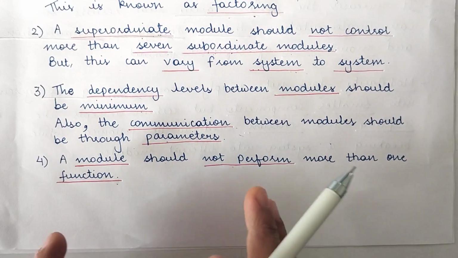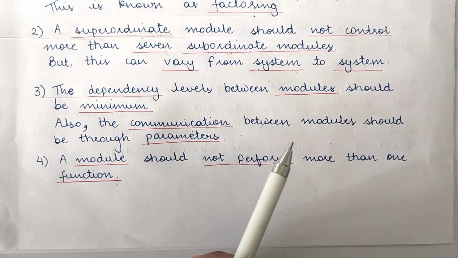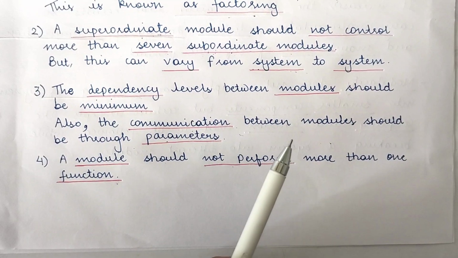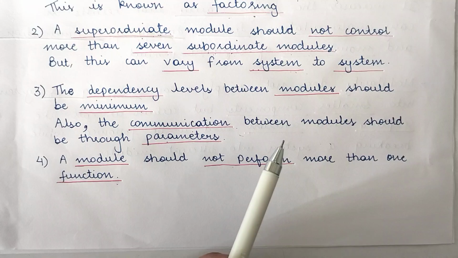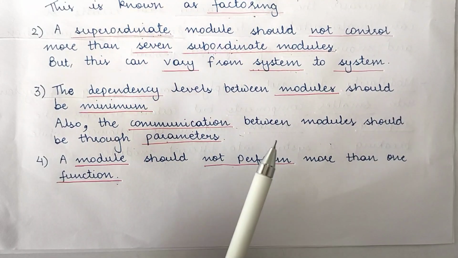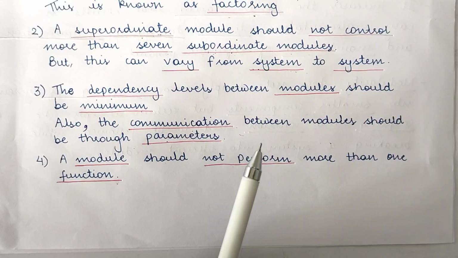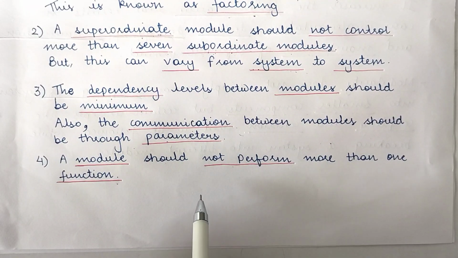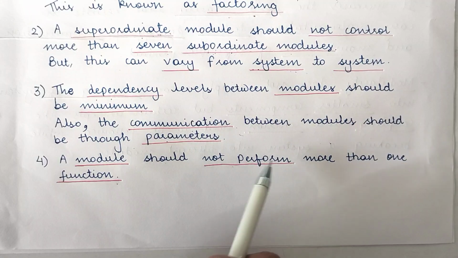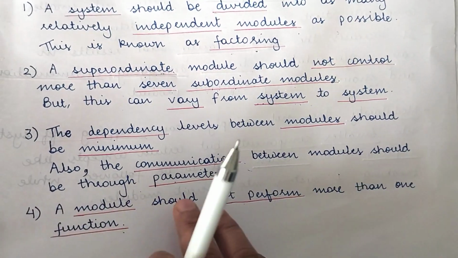A module should not be doing all the tasks at the same time, otherwise what is the point of having modules? We divide the system into modules so that each module does its own independent task. But if a module is doing more than one task, then this purpose of dividing into modules is no longer served. Hence, no module should perform more than one function. One module, one function, that is the rule.